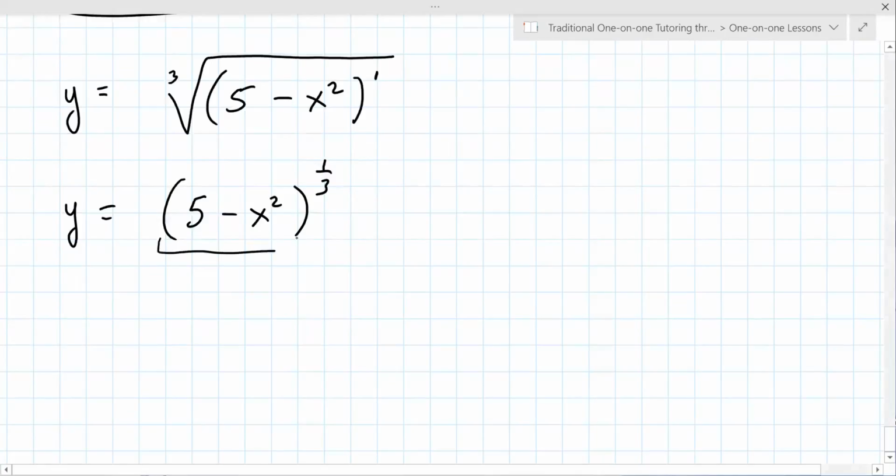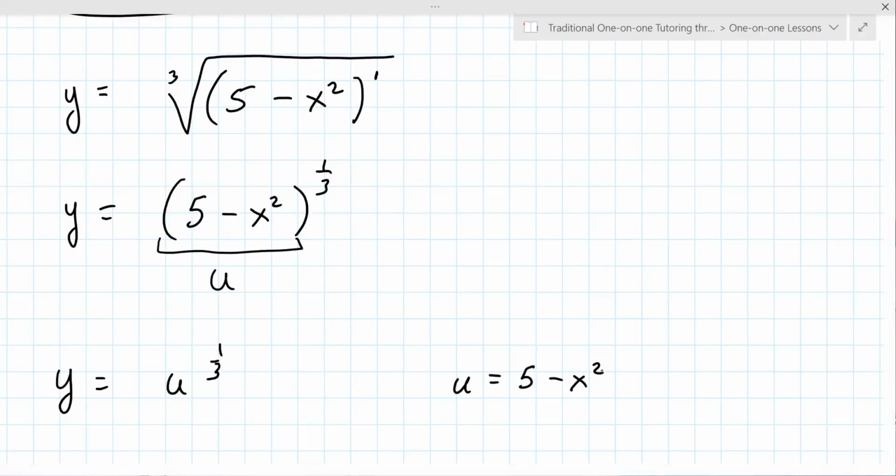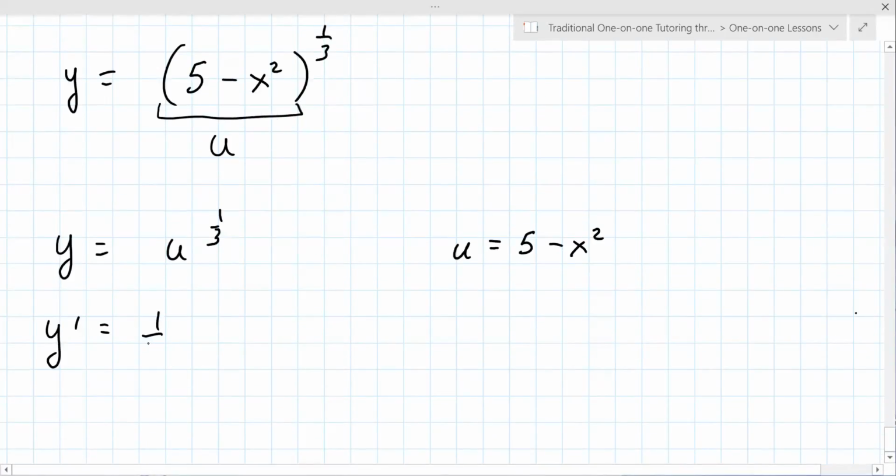Okay, and so this is your u. y equals u to the 1/3. The derivative here, y prime, is 1/3 u to the minus 2/3 u prime. What is u prime?